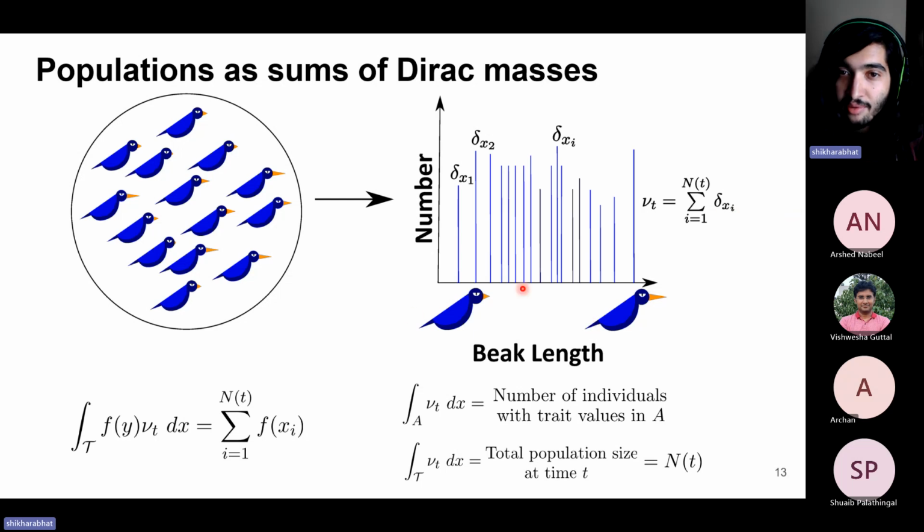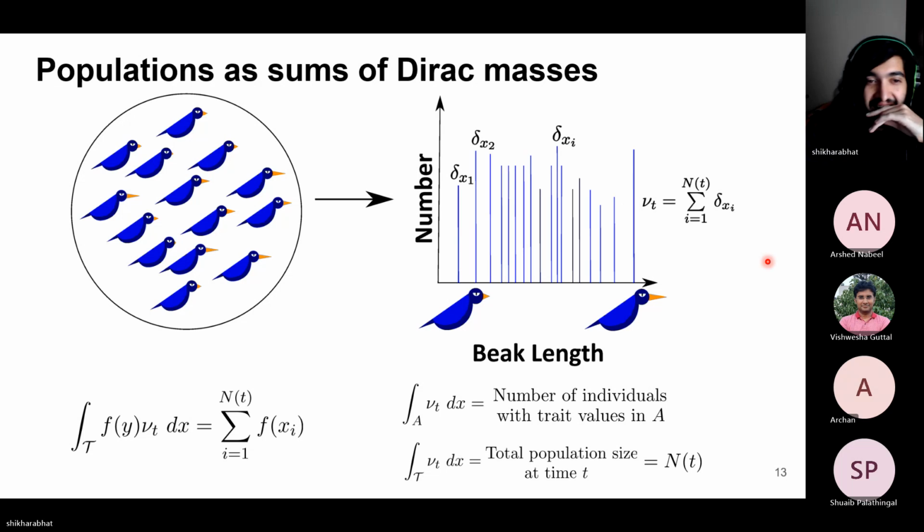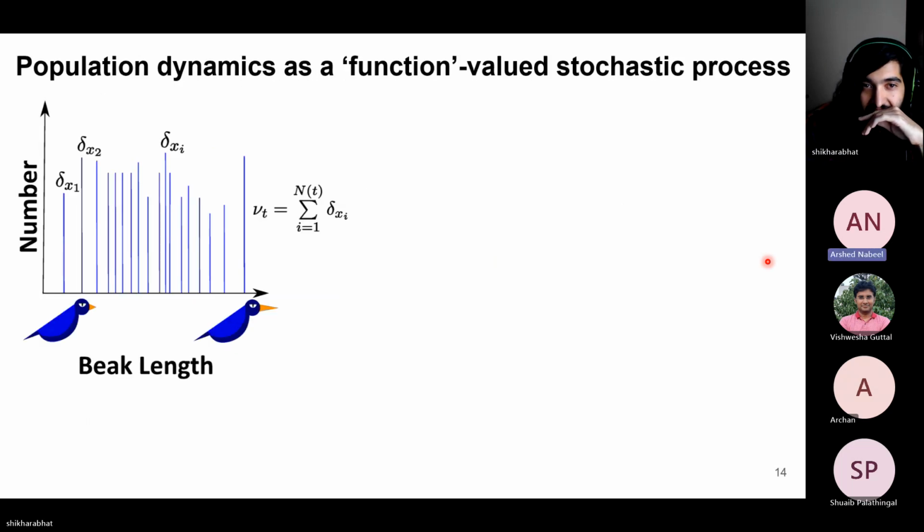So for example, I could have two birds that have the trait value x2, in which case this sum will look like delta x2 plus delta x2. This is allowed. I am not constraining each trait value to be distinct, is what I wanted to convey. But you're right, the heights are meaningless because they're all sort of infinitely tall. Okay, thanks.